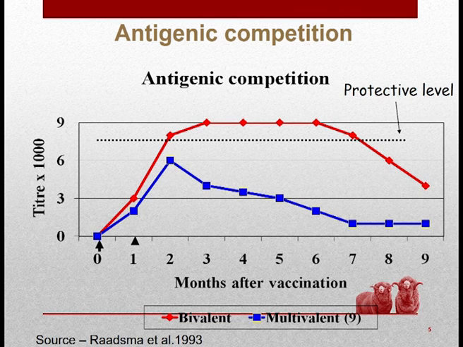Now we know that the body can only do so much, and if you give it 10 serogroups to work on, it will only produce about that much. The blue line there is a multivalent, a 9 serogroup vaccine. It can only produce so much antibody against each of those serogroups.